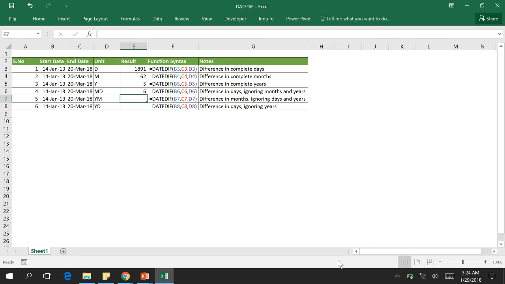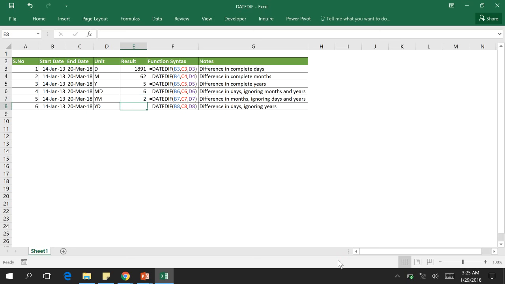Now putting the fifth unit, which is YM, my start date, end date, and my unit this time is YM. So it will calculate the difference only in months, ignoring the days and year. So the difference from Jan to March is 2 months.